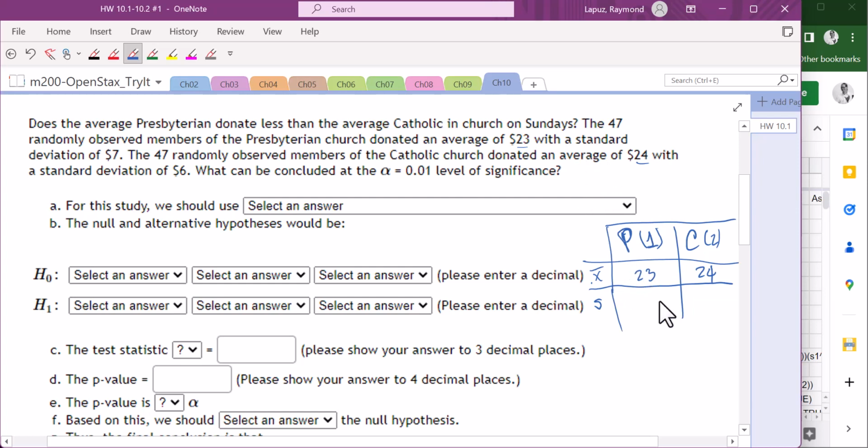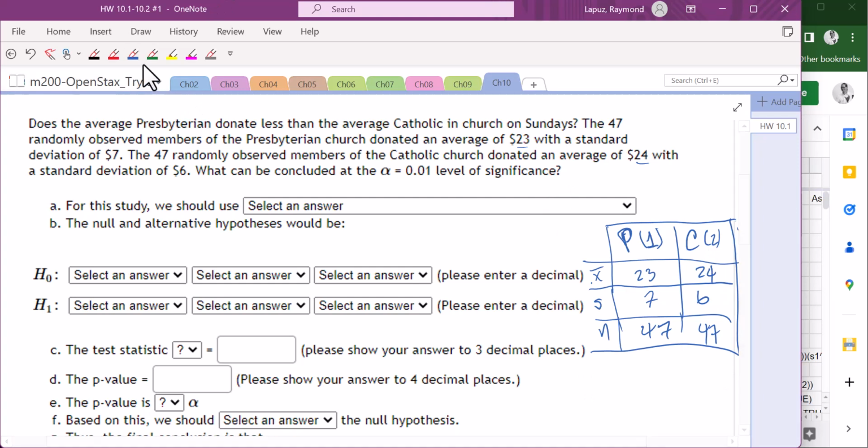Standard deviation for the Presbyterian is 7, and this was 6, so that's still fairly close to each other. And the sample size N was 47 for each. So just eyeballing this, they're fairly close to each other, so I don't know if there's going to be a significant difference here.